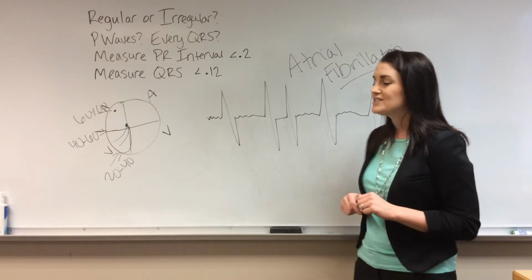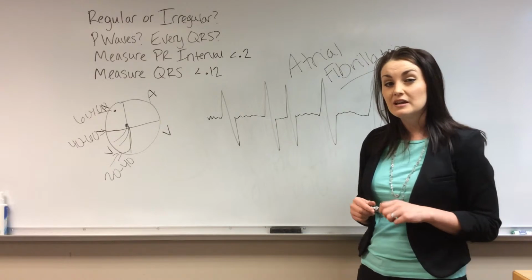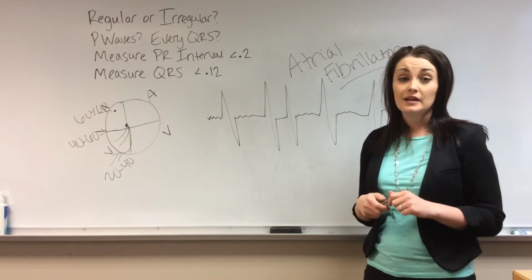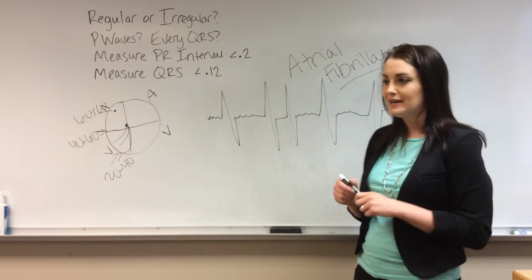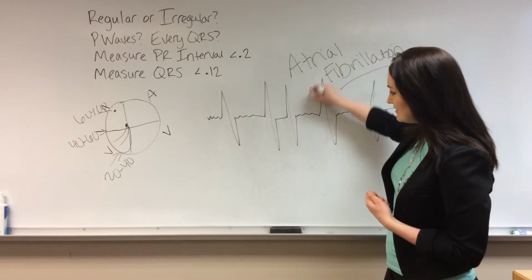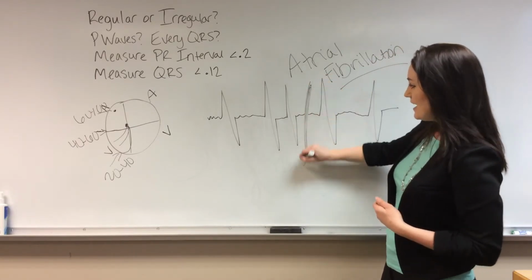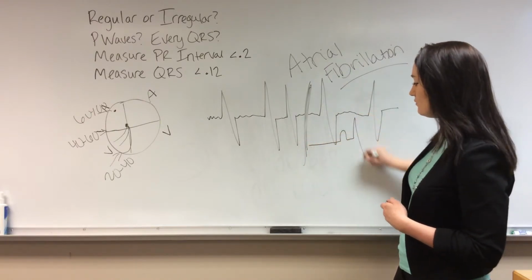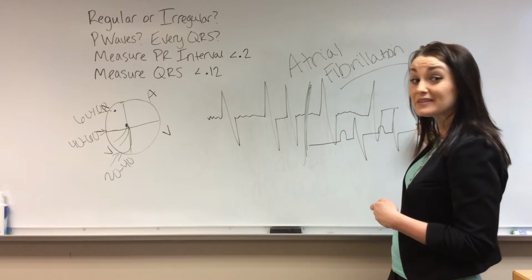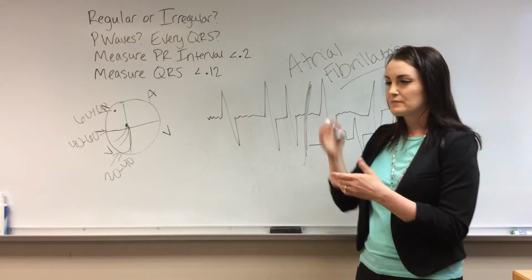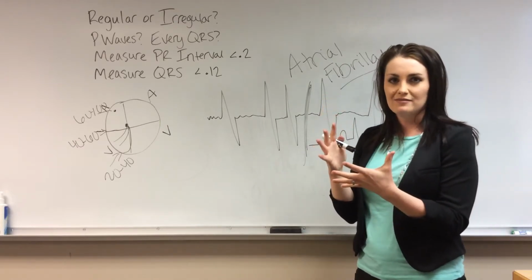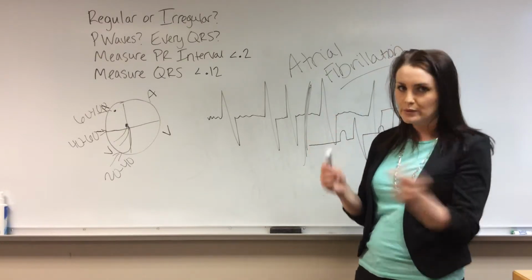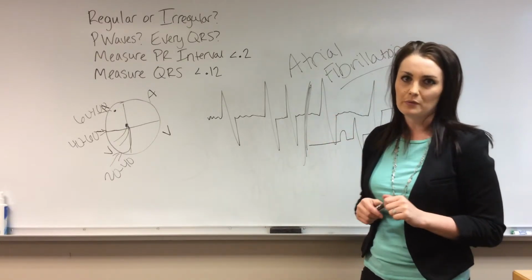With atrial fibrillation, we can also do a cardioversion, which is essentially shocking the heart, and hopefully it'll stop it for a second and get it into a normal rhythm again. It's almost like an abrupt halt to that fibrillatory, chaotic rhythm and kind of resets the heart to get it into a normal rhythm.